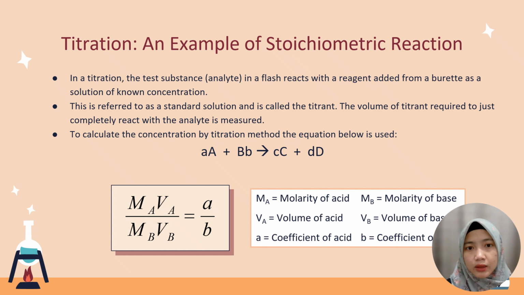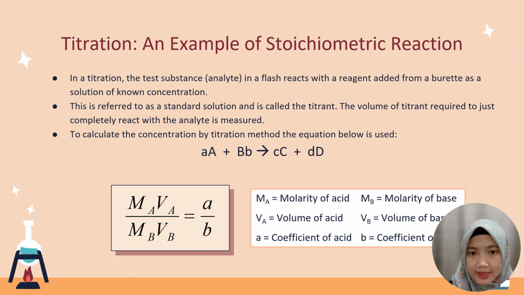Next, what you need to do is calculate the concentration of the analyte inside the unknown sample. To calculate the concentration by the titration method, we need to use this formula: MAVA over MBVB equals a over b. Let's say we have a titration equation such as in this example.